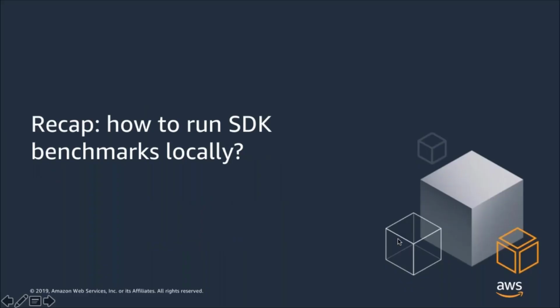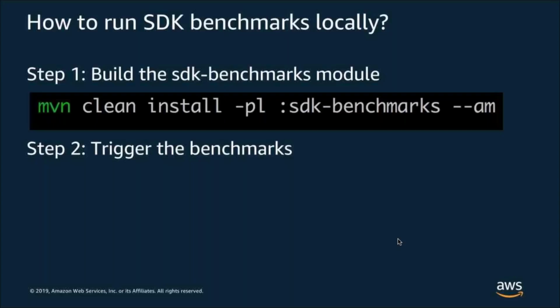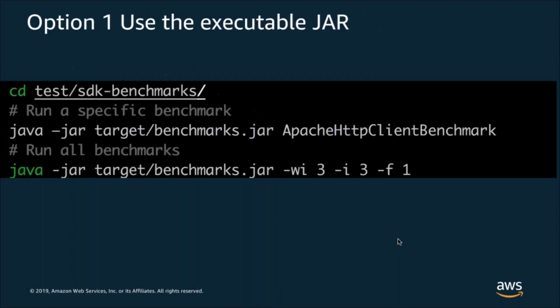As a recap, let me show you how to run SDK benchmarks locally. First, we need to build the benchmarks module by using the Maven command here. And then to trigger the benchmarks, there are two options. The first option is to use the executable jar, and you can just run a specific benchmark by specifying the name of the benchmark class, or you can run all benchmarks available under that module.